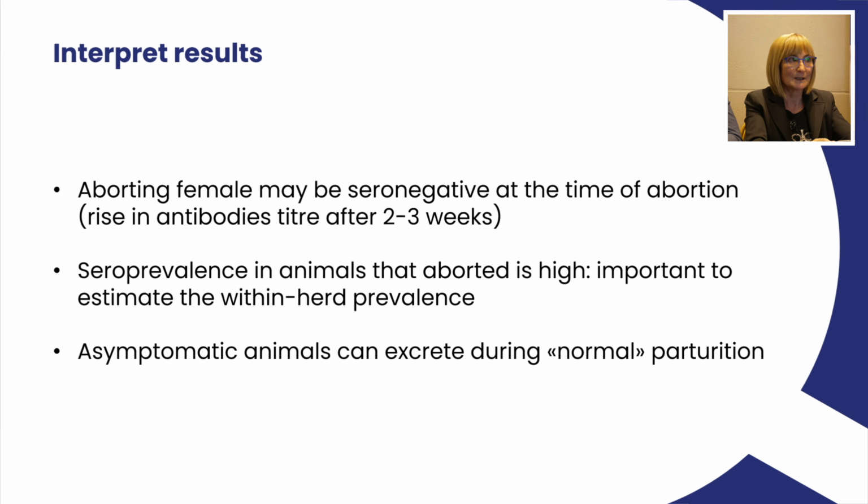The aborting female in the acute event may still be seronegative at the time of abortion, so it could be a good idea to test this animal again after 2-3 weeks to confirm the diagnosis. And the within-herd prevalence is very important, because in a group of animals that had circulation of the agent, seroprevalence is high, so it is important to estimate the prevalence. Finally, we can have asymptomatic animals that can excrete during normal parturition.